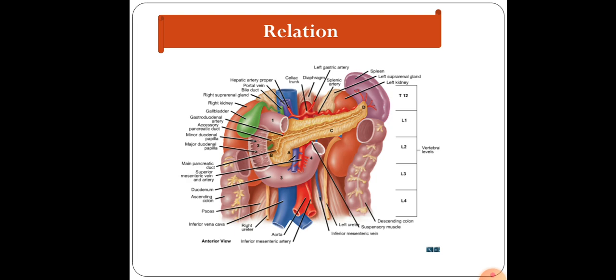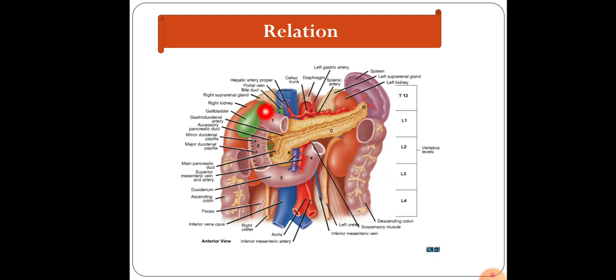The first part is about 2 inches. The first inch is intraperitoneal, and when you use contrast, the first part appears as a cap, so it is named the duodenal cap. The first part is anteriorly related to the liver.